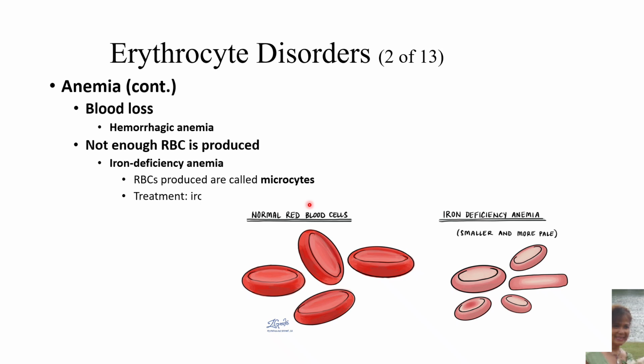They are what you call microcytic. And this is exactly how it looks. Your normal red blood cells are big, this normal size, but your smaller and paler red blood cell has less hemoglobin in it, and therefore you are suffering from iron deficiency.